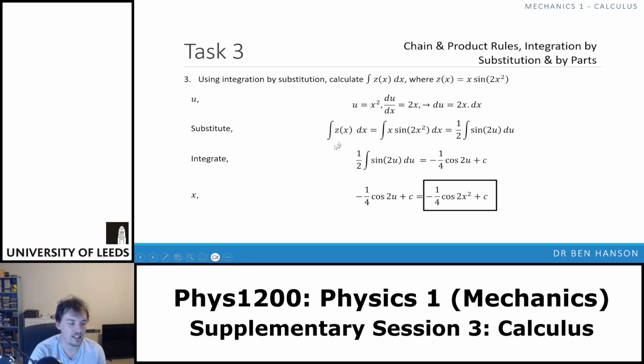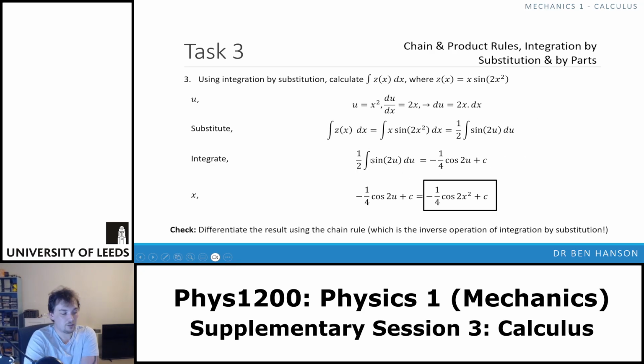So these limits here are in terms of x, if there were limits there. So when we change to u space, we also need to change our limits so that they're in u space. So if x was 0, 0 squared, u is also 0. Whereas if x up here was like 4, then u is equal to x squared. u would be 16, because we change our x limits to u limits instead.